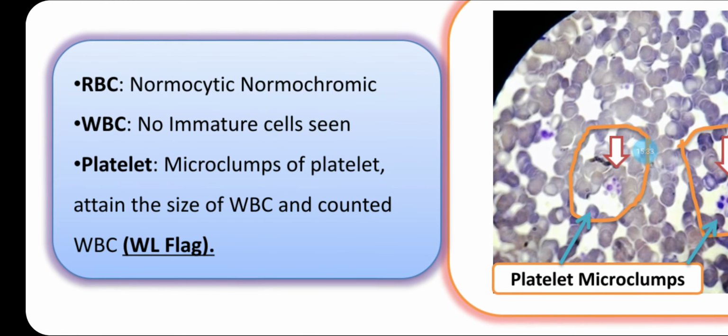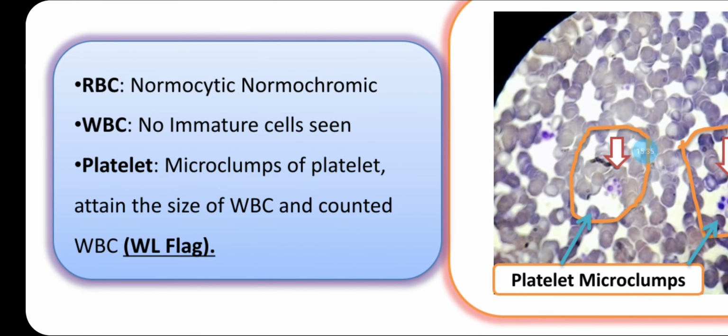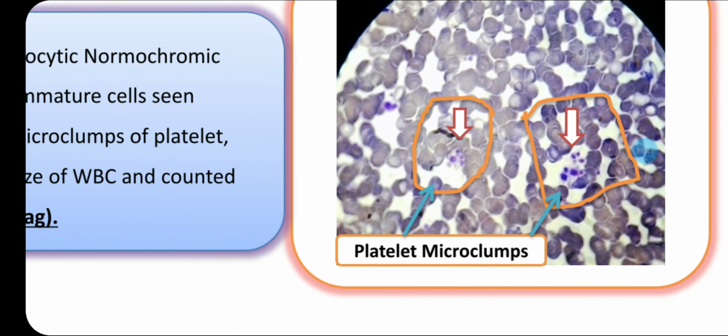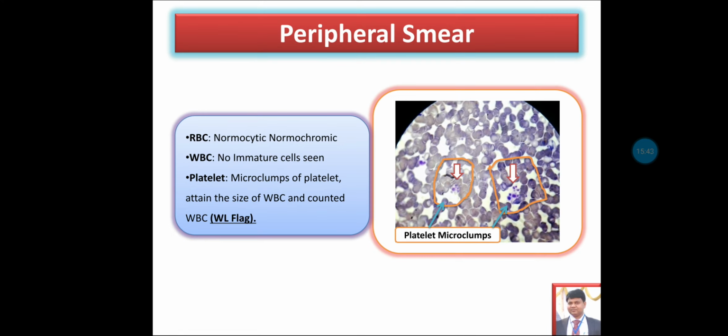In microscope B, we can see these micro clumps of platelets which attain the size of the WBC and are counted as WBCs. So the plotted counts are actually false counts, and this patient basically has normal counts.